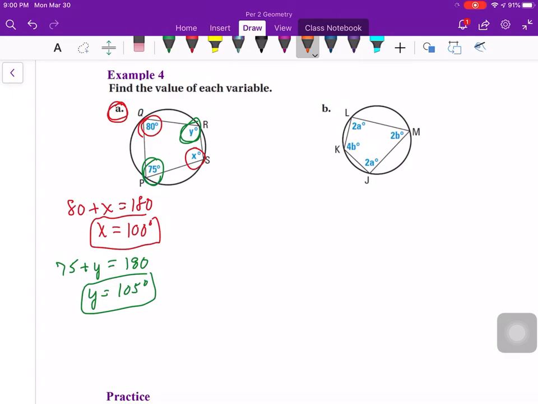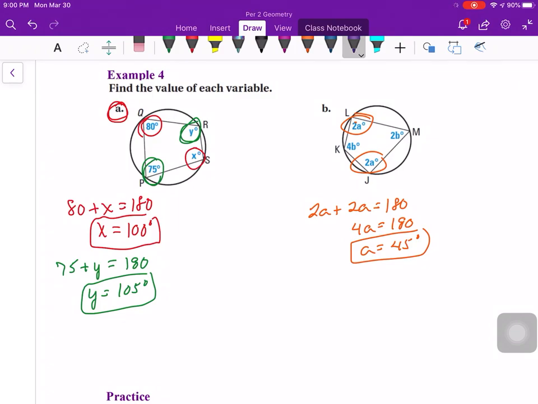If we look at part B, it's also an inscribed quadrilateral. So these two are opposite angles. 2a plus 2a equals 180. That would be 4a equals 180. So a would be 45 degrees. And finally, the b's.